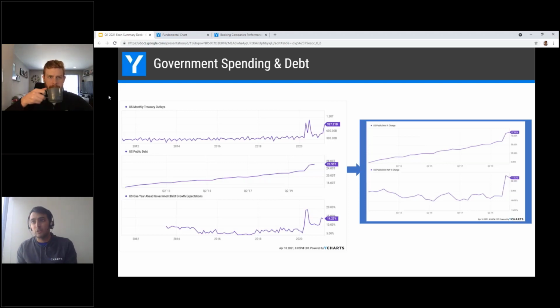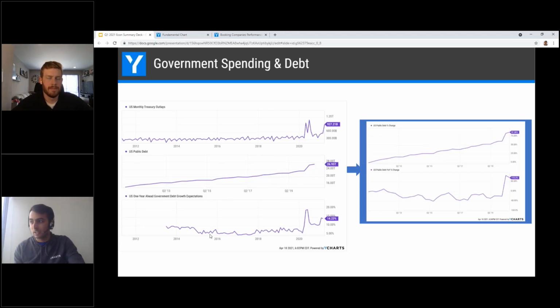So within this slide in particular, we have the overall outlays, and you'll see that most lately it's at 927 billion at this point. There's also an increase in U.S. public debt, and this is going back to around 2012, and you're seeing that it's been slightly increasing, and then right in 2020 we saw a big jump there.